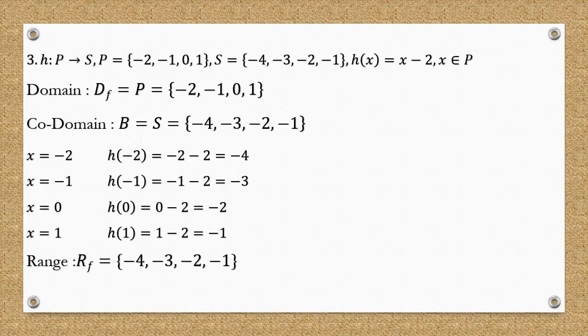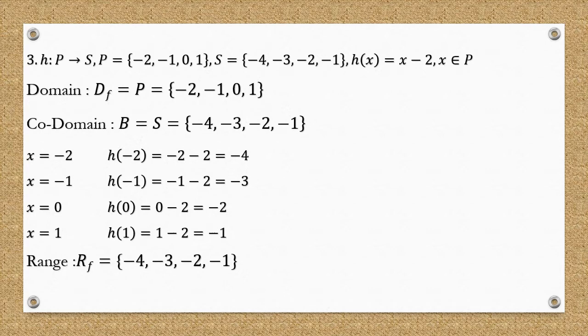You can see here that the codomain and the range have the same values. The thing is that either codomain and range have the same values or codomain has more values than range. But codomain cannot have fewer values than range, because if that is the case, then it is not a function, because our rule is that all the images, that is the whole range, should belong to the codomain.